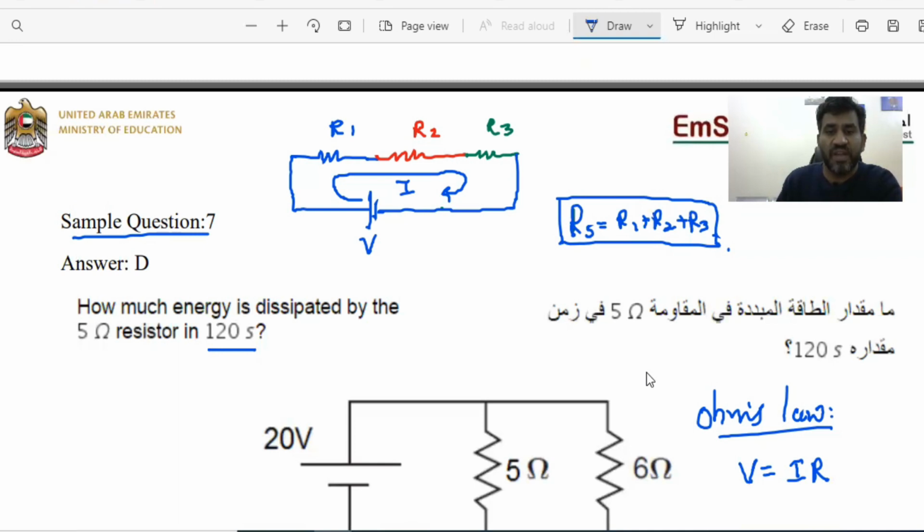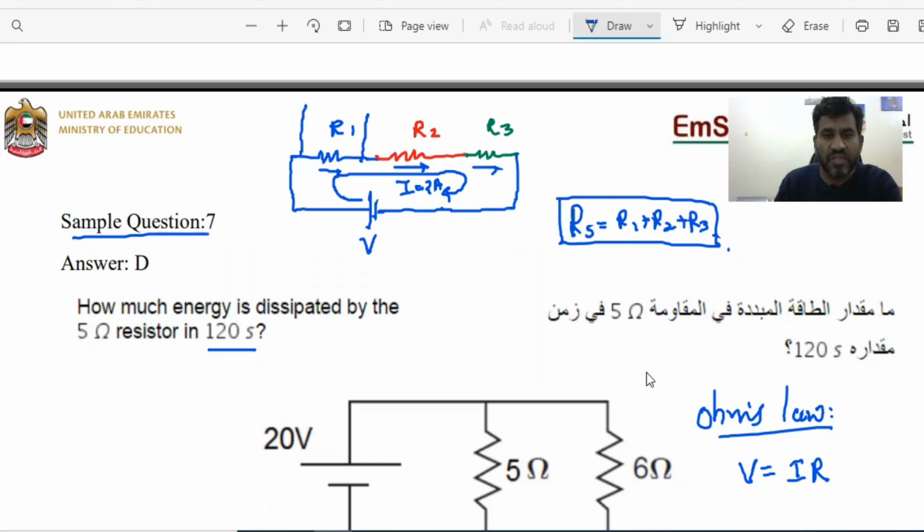Suppose I take the current here as 2 amp, the current flowing through this resistor is also going to be 2 amp. Here is also 2 ampere, and so on. The current is going to be the same when the resistors are connected in series, but the voltage across each resistor component is different. If the current is the same and the resistance is different, the voltage across each is going to be different.